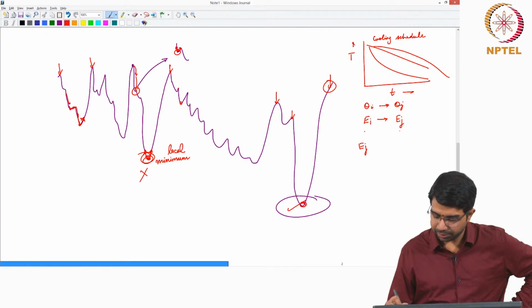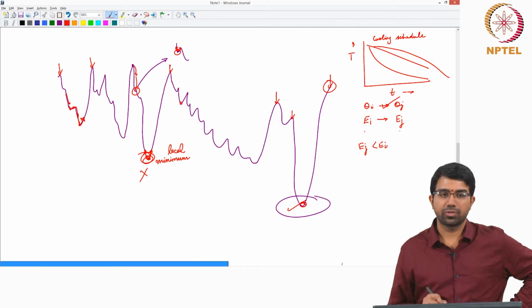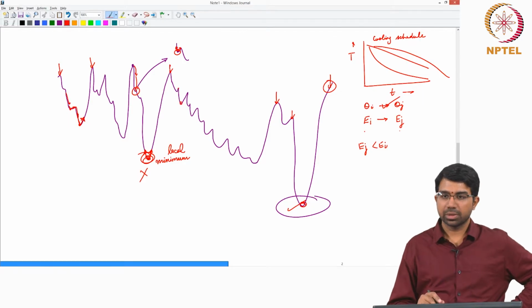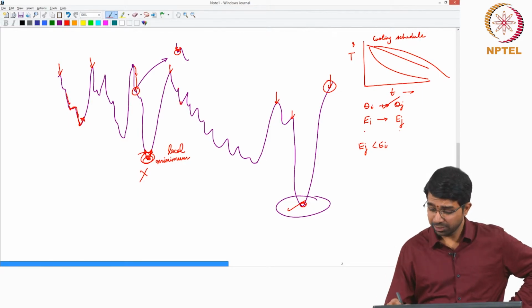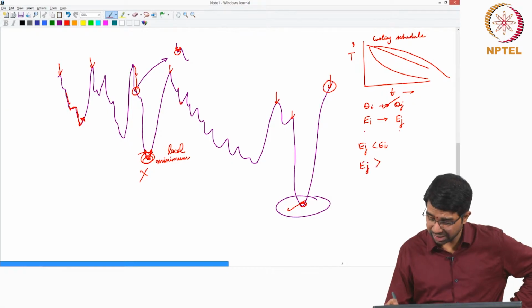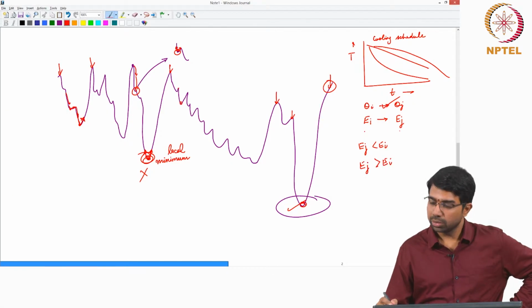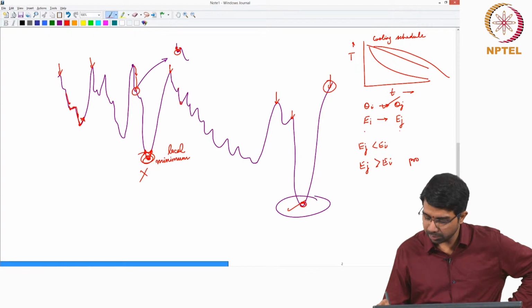If EJ is less than EI, accept this move for sure, no question. That is like your classic hill climber. If EJ is greater than EI, you accept it with some small probability.